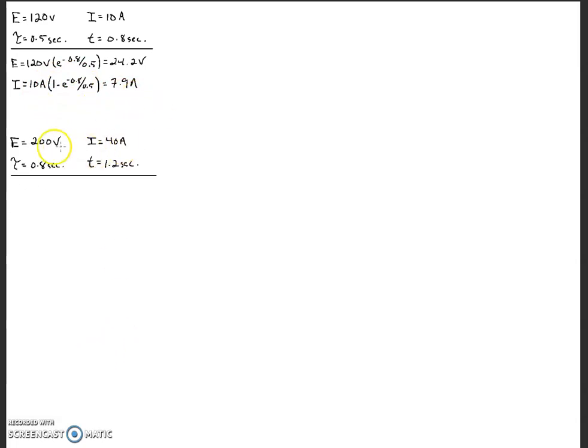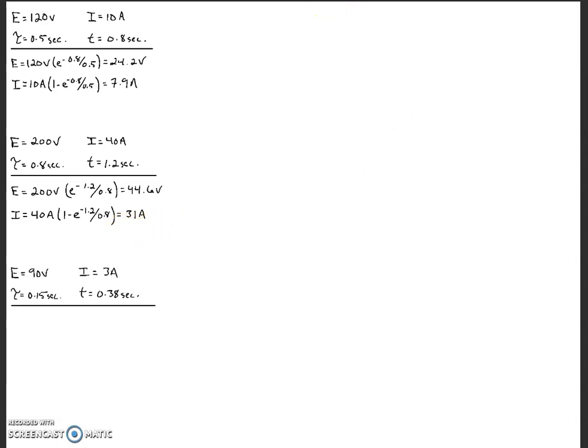So if we take the next value here: 200 volts, 40 amps, 0.8 seconds for tau, and 1.2 seconds for the time. Pause the video and try to work it out. Here's the answer, 44.6 and 31. If we progress to one more: 90 volts, 3 amps, pause the video and try to work it out.